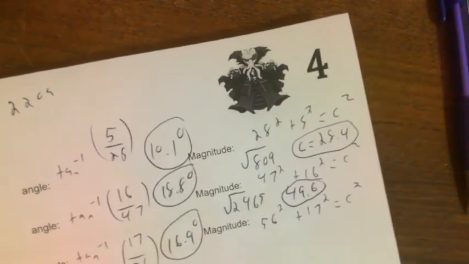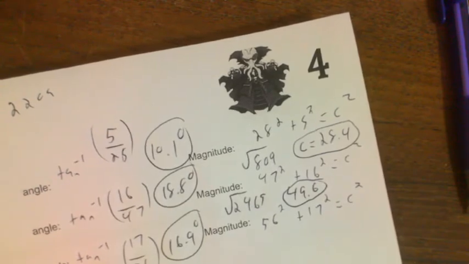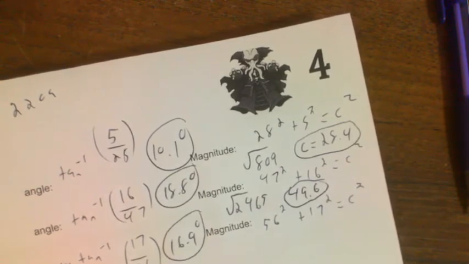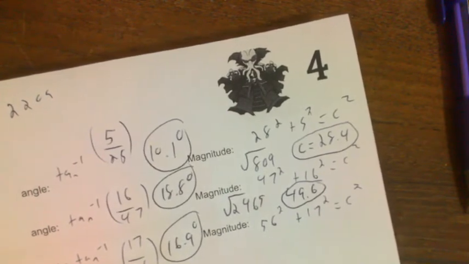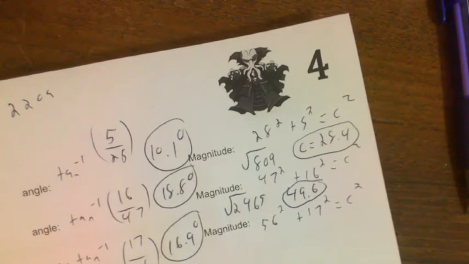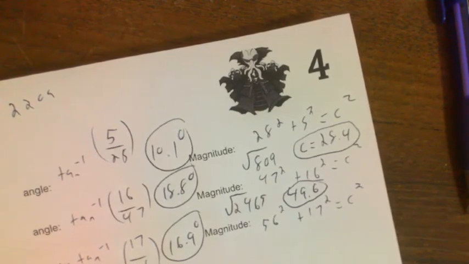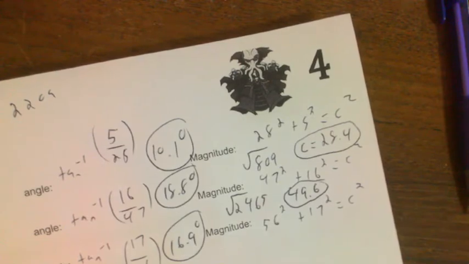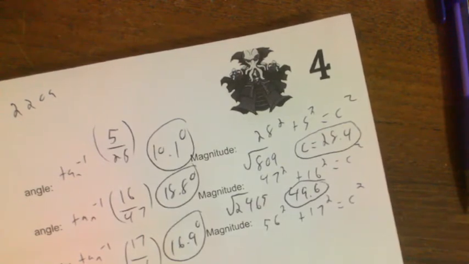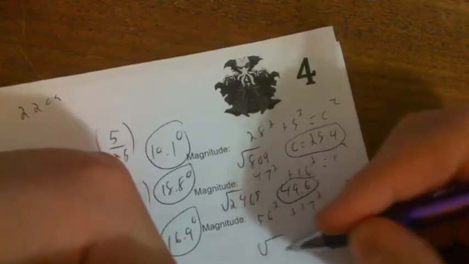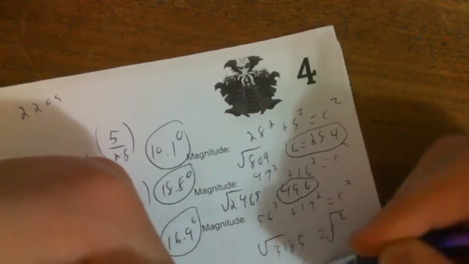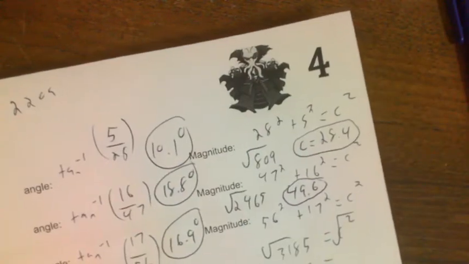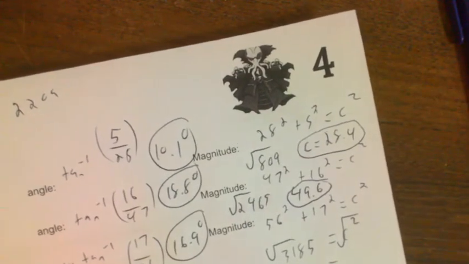And then for this last one, we have 56 squared. Oopsie, 56 squared plus 17 squared gives us the square root of 3,185 equals c squared. We get c equals 56.4.